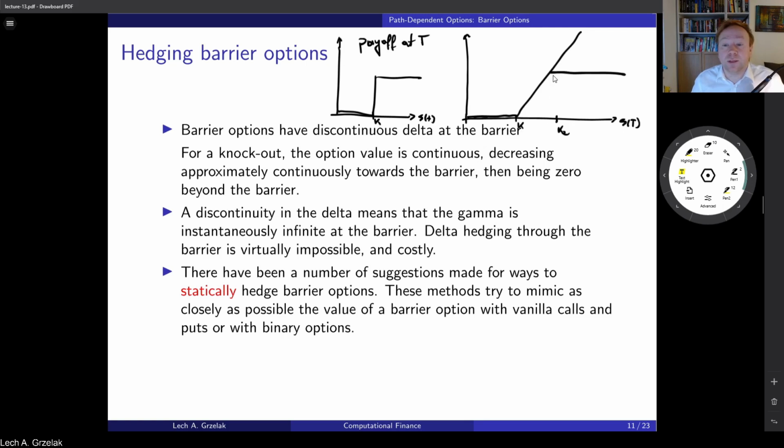As you can see, if K2 approaches K1, or K, then this becomes more and more of a digital type of payoff. This is one possible scenario if K2 is here, and if K2 is here, then you have more and more of a digital payoff.